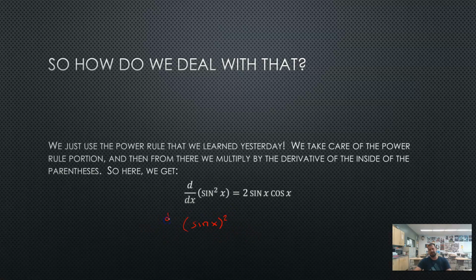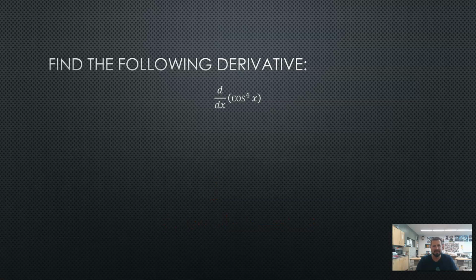So if I want to take the derivative of that, I've got a function, my sine of x is on the inside, so I would bring the 2 down, and technically that would be sine of x to the first power, and then I would multiply that by the derivative of what is inside of the parentheses, so that would be cosine of x. So realizing that the exponent right next to the sine, cosine, or tangent is really applying to the entire function makes it so that when we take the derivative of a trig function, it's basically the same thing that we were doing yesterday.